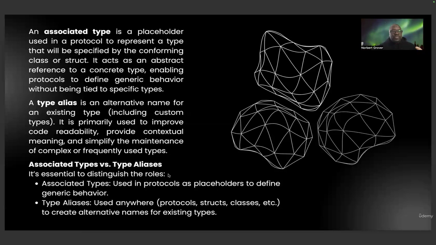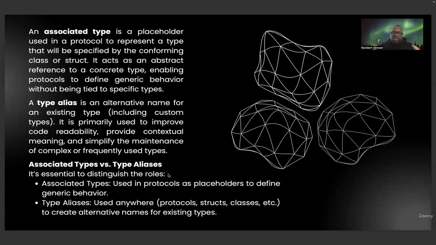Now remember, a type alias can be used in a struct or a class and within a protocol, whereas associated types refer to an abstract type, or an abstract reference to a concrete type, right? And they are only within the protocol.